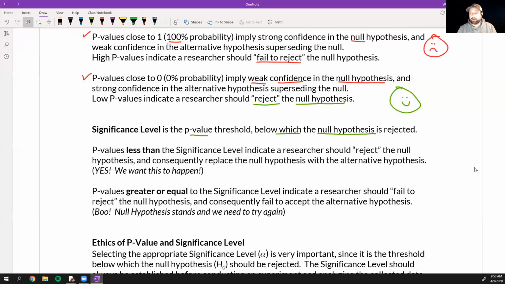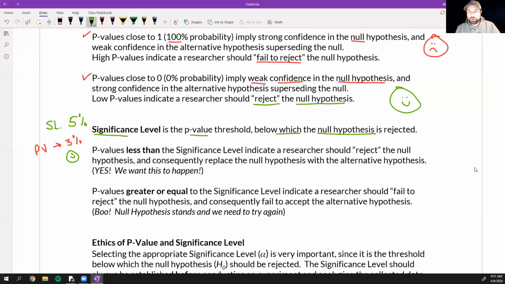So we just talked about that. If you set your significance level, let's say at 5%, and then you conduct an experiment and collect some data, and let's say that your p-value comes in at 3%, that's going to make you happy.